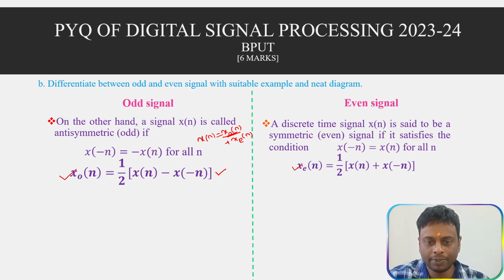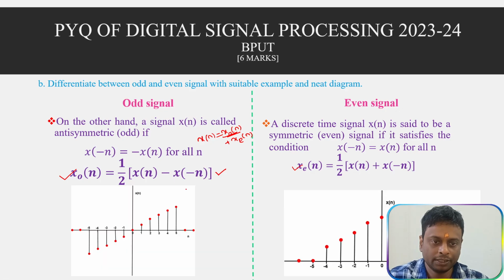Similarly, the even part can be expressed as half of x of n plus x of minus n. This is the suitable diagram. This is the odd signal, with the condition x of minus n equal to minus x of n. Similarly, for the even signal, x of minus n equal to x of n.